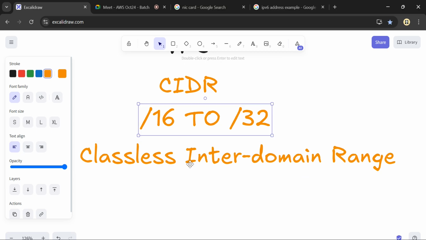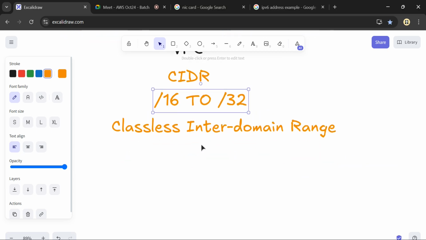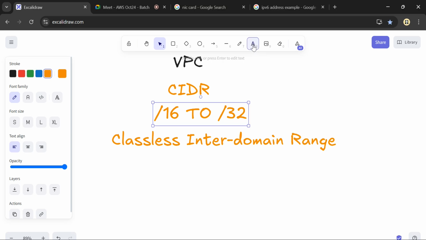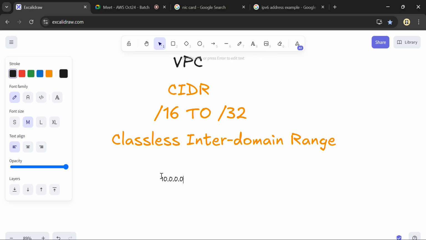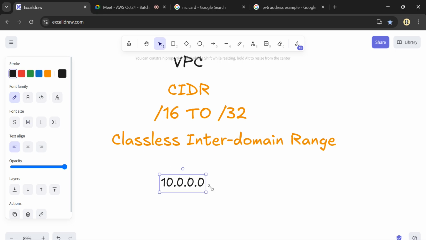Now, how can you calculate it and why do we need this CIDR? I told you IP addresses are limited. So let me take an example of 10.0.0.0. This IP is a single IP. Now, if I want to use my private network, I want multiple IPs. I cannot just rely on a single IP.